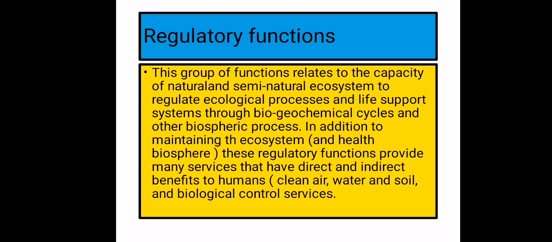In addition to maintaining the ecosystem and healthy biosphere, these regulatory functions provide many services that have direct and indirect benefits to humans, like clean air, water, soil, and biological control services.